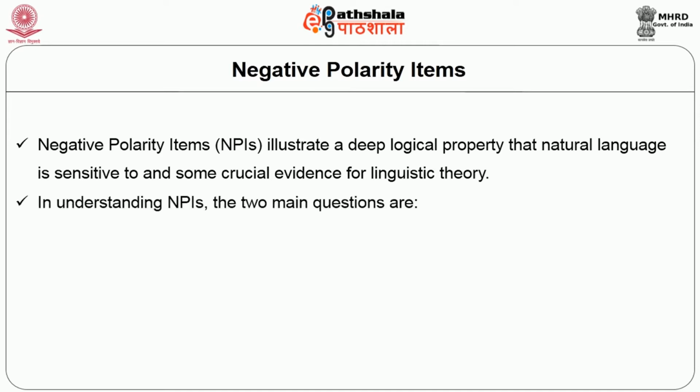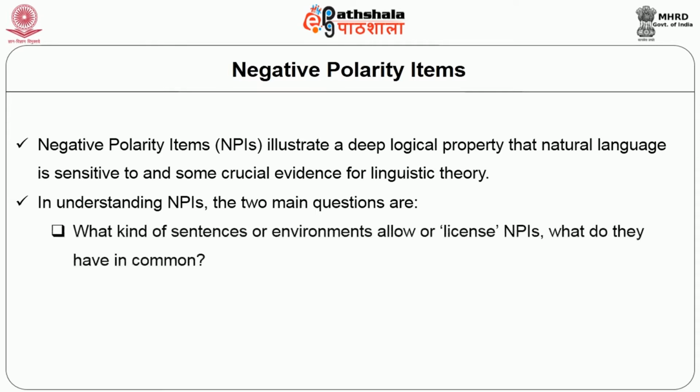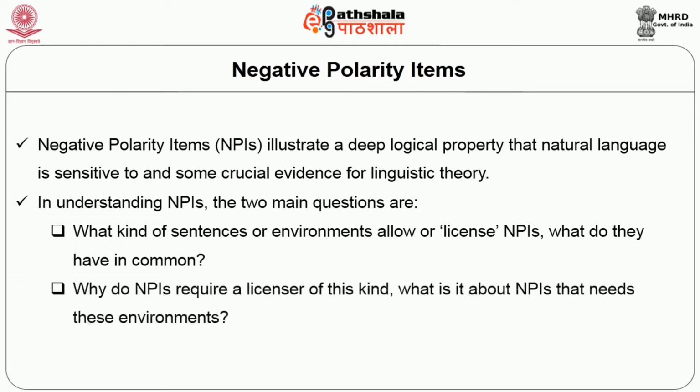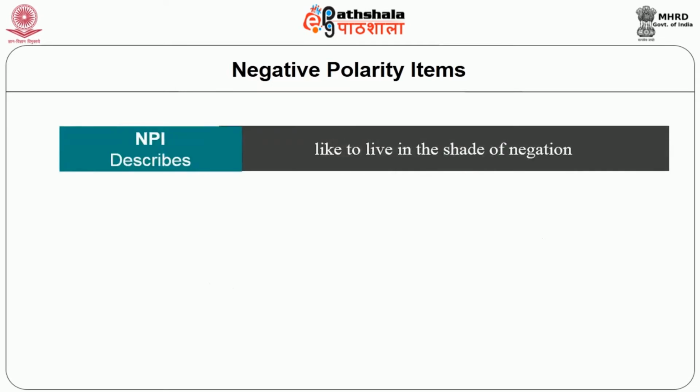In understanding NPIs, the two main questions are: what kind of sentences or environments allow or license NPIs, what do they have in common, and why do NPIs require a licensor of this kind? What is it about NPIs that needs these environments?